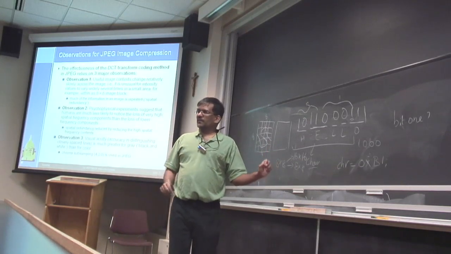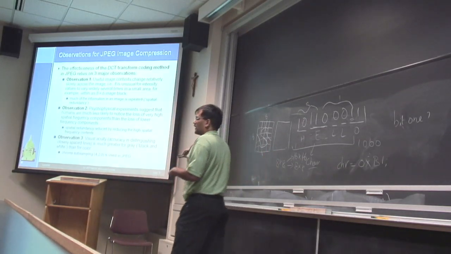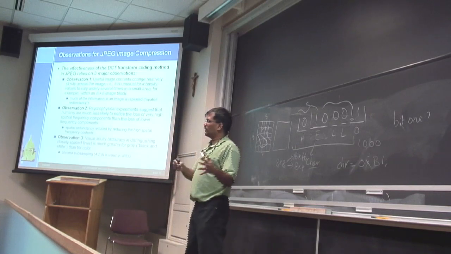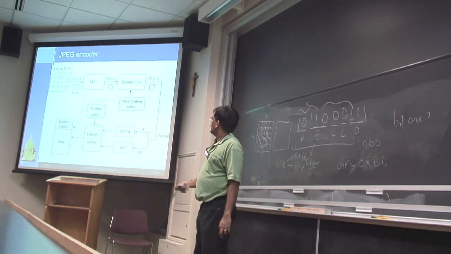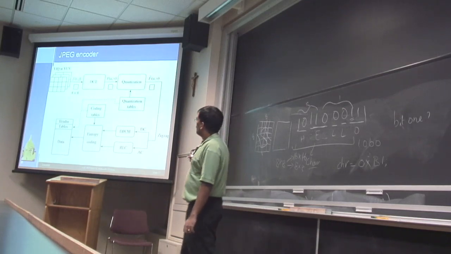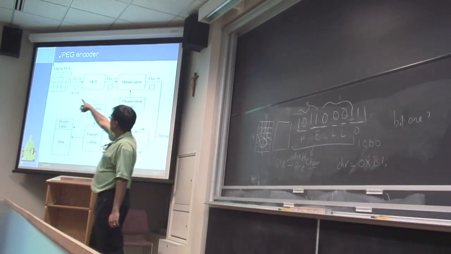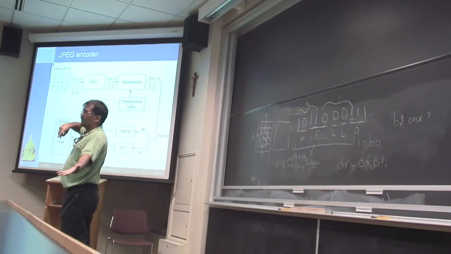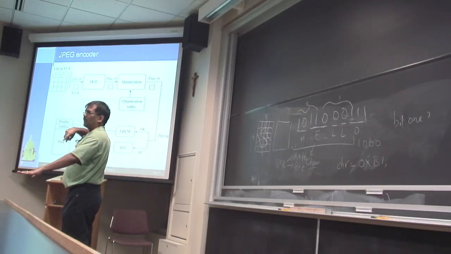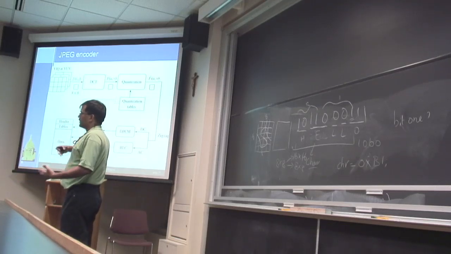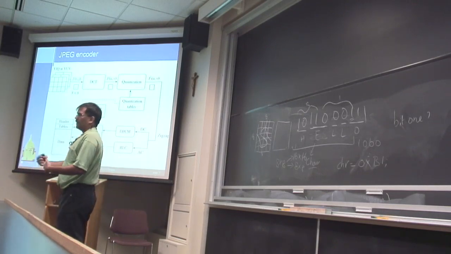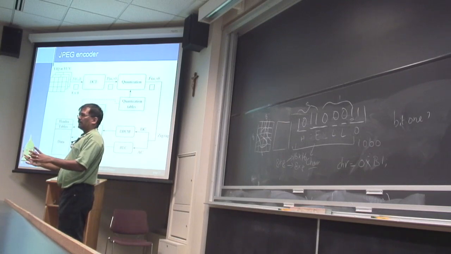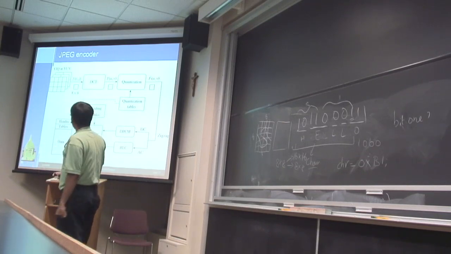And we know the spatial frequency is a certain thing. So the DCT is designed so that we can use the second observation. That's why it converts from the spatial to the frequency domain. So essentially, the coder works like this. It takes an image, converts it from whatever space you have into something like YUV, which can use observation 3. And then it does the scaling, making the color image smaller than the black and white image.